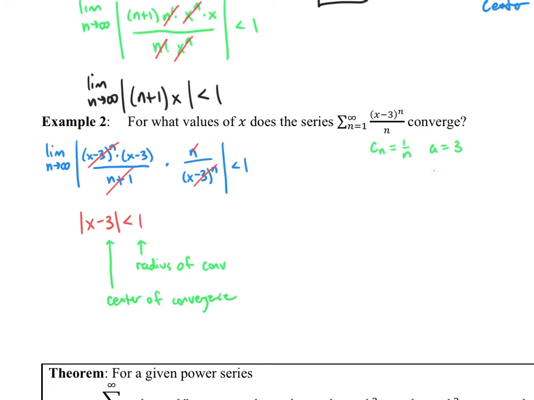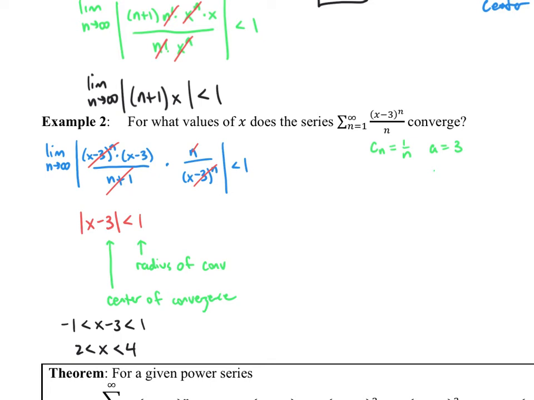So we know that the radius is 1, we know the center is 3. We can then break this apart and say that negative 1 is less than x minus 3, which is less than 1. And if we add 3 to both sides of that interval, we have 2 is less than x is less than 4.